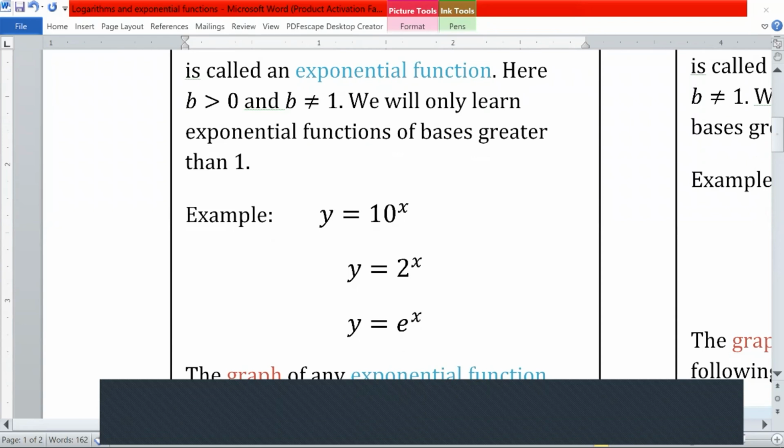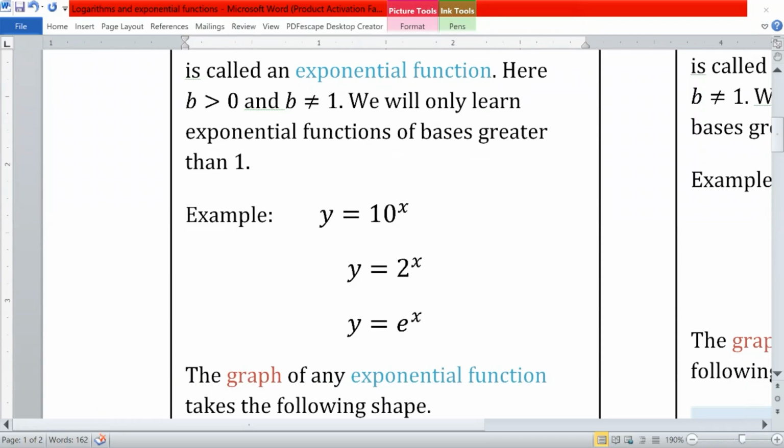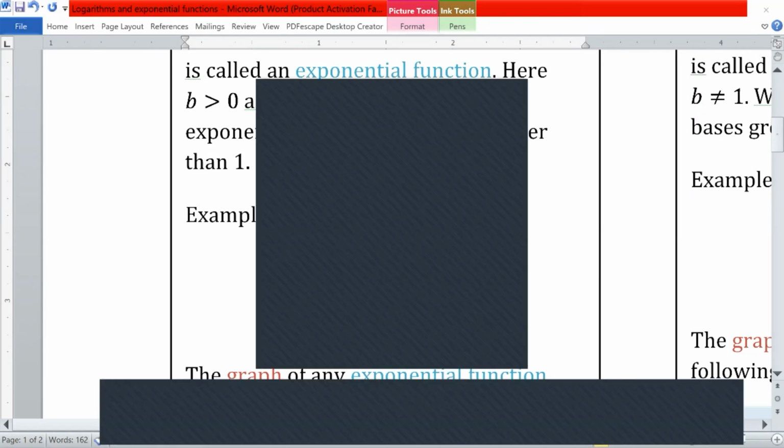Right. So, does anyone know the shape of the graph of an exponential function? Okay, let's see. Somebody's saying something. Like a reflected C, almost a C, not like the exact C. I think you get it.